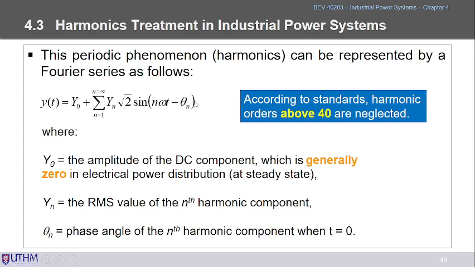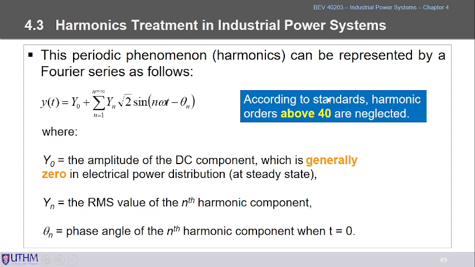For example, in the voltage, the third order harmonic is let's say 15 volts with an angle of minus 21. This angle could be positive or negative. It depends on the nature of the waveform or the loads that produce the harmonics.